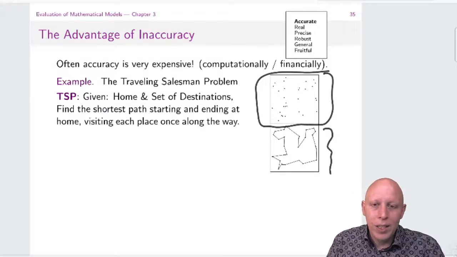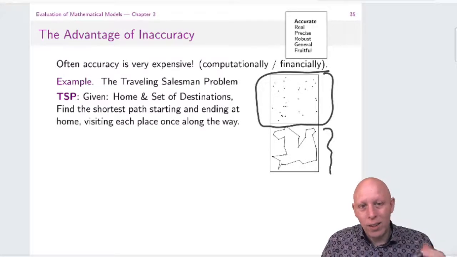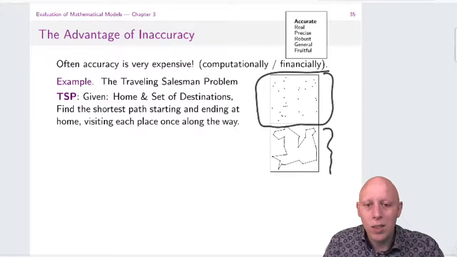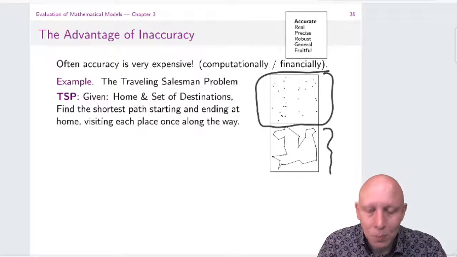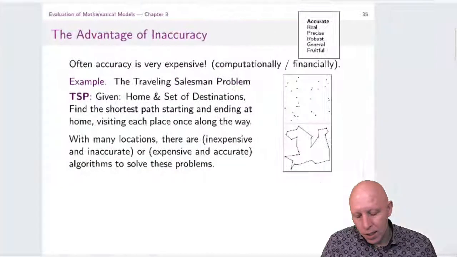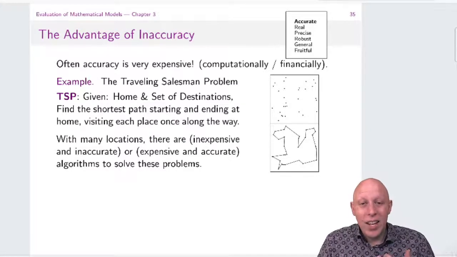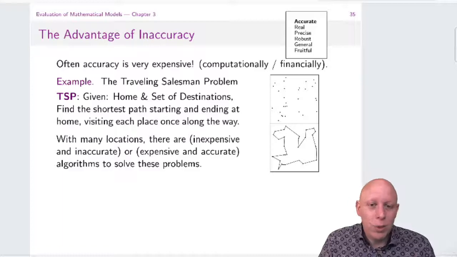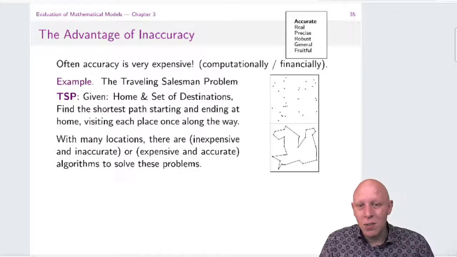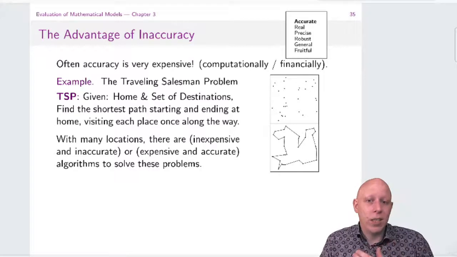And this is a classic problem from computer science: what is the shortest path that gets you from the initial point to the end point in the shortest amount of time? And if you have a lot of locations, there's a computer algorithm that will give you an answer that is a good answer, but not perfect.